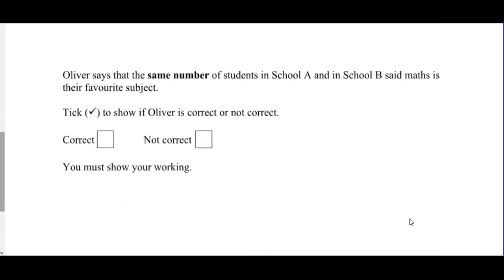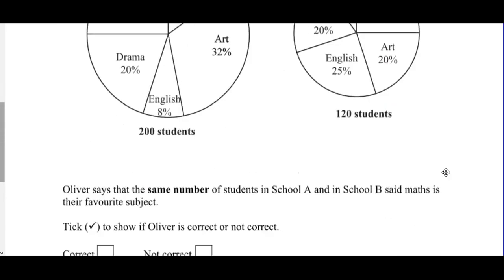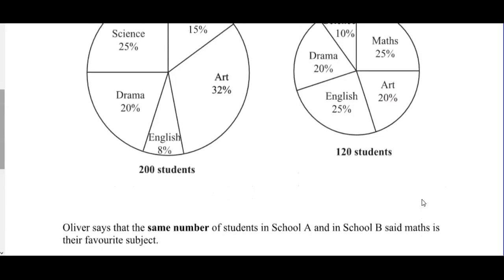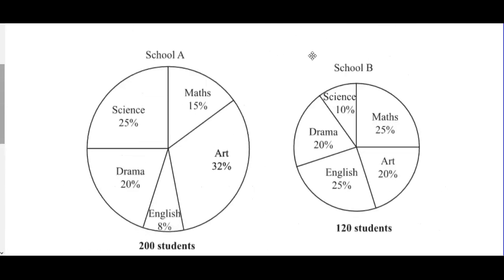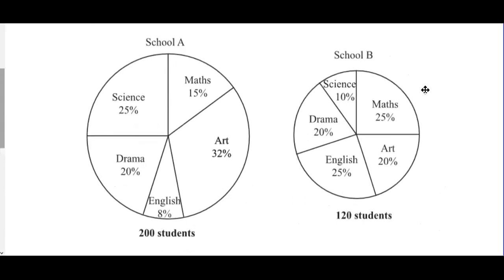Okay, now let us try to check. Let us try to see maths. Let us start with school A. For the case of maths, there is 15% of the students. So you go ahead writing school A here.